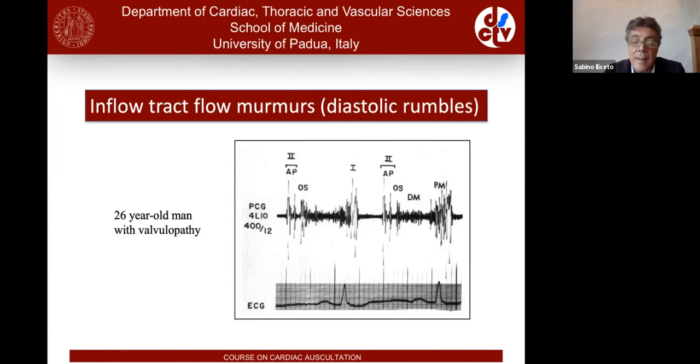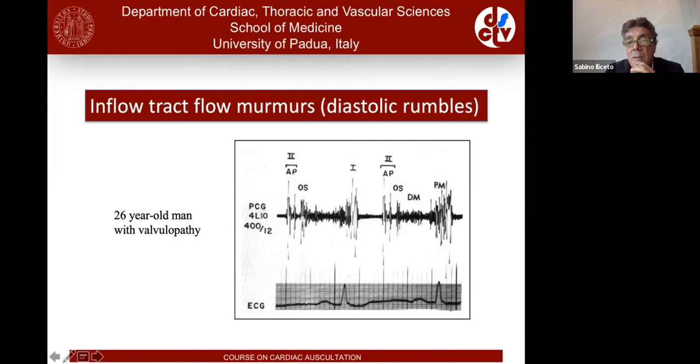So summarizing, the findings in mitral stenosis are a reinforced first sound, systole free, second sound, opening snap, that is the sound produced in the mitral valve when it opens because it's thickened, and then the murmur.